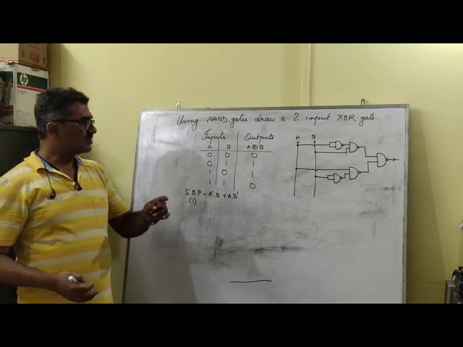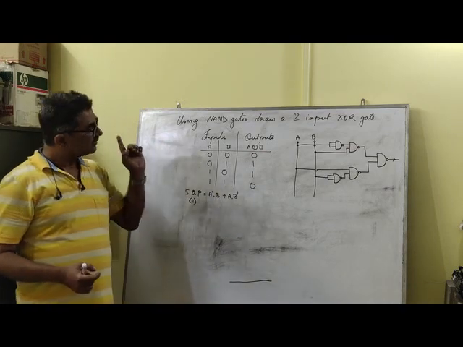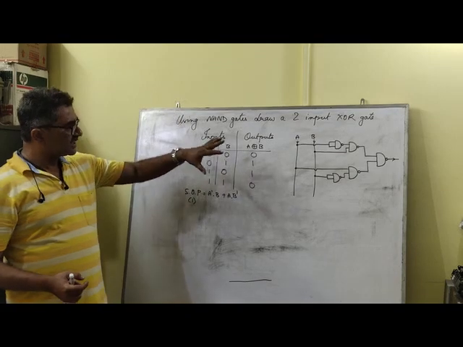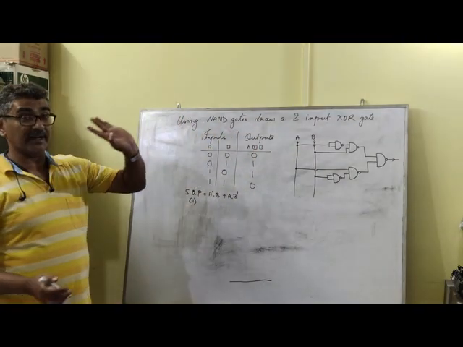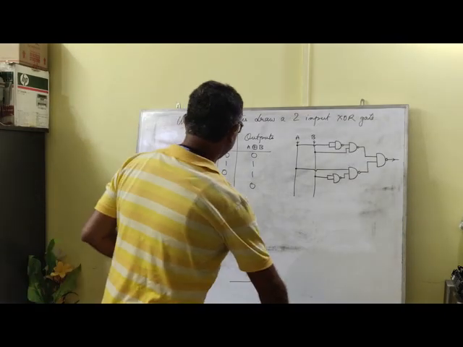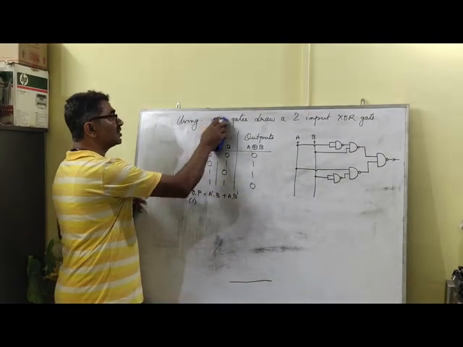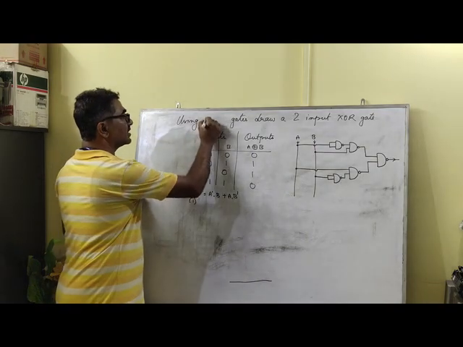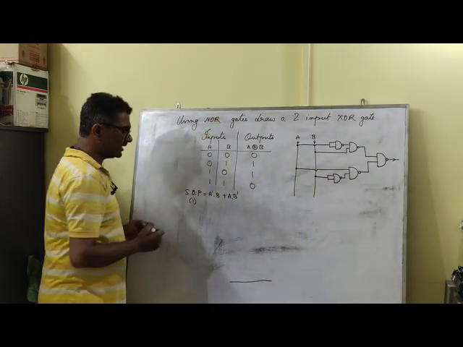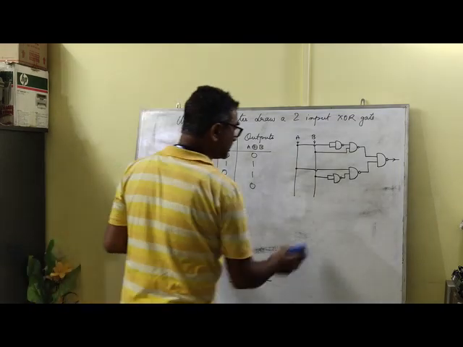Now we are going to try drawing the same logic circuit. That is, we are going to try drawing the XOR gate only using NOR gates. So this time we'll draw the XOR gate using NOR gates only. So we'll try this. Let me rub the remaining stuff.